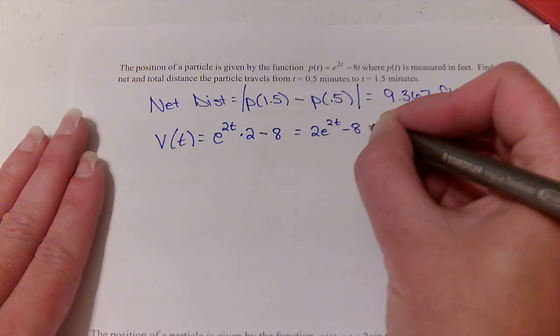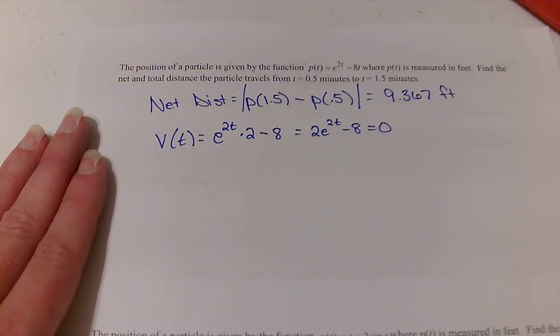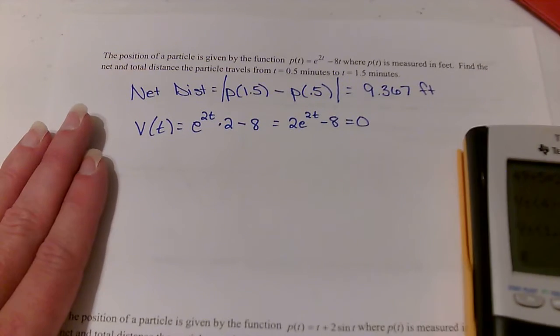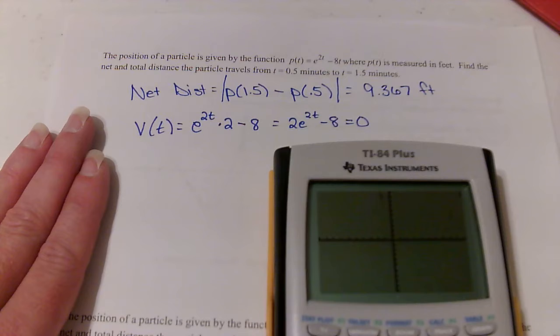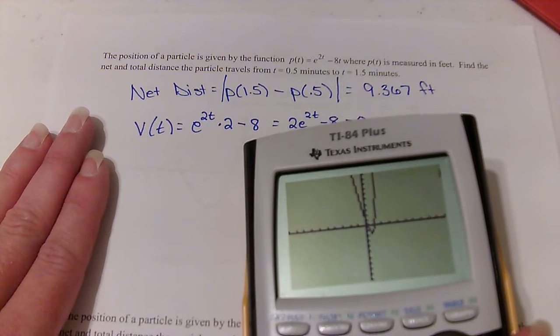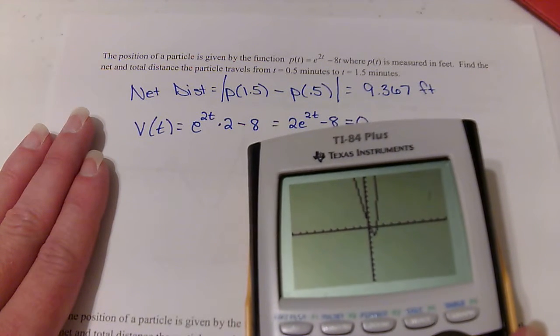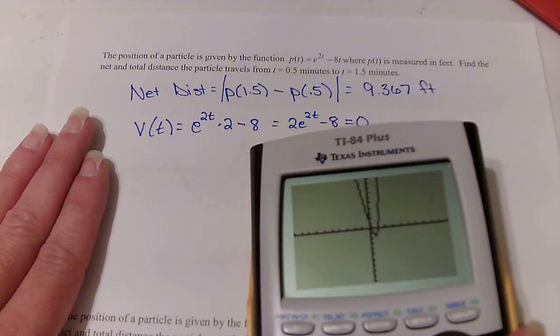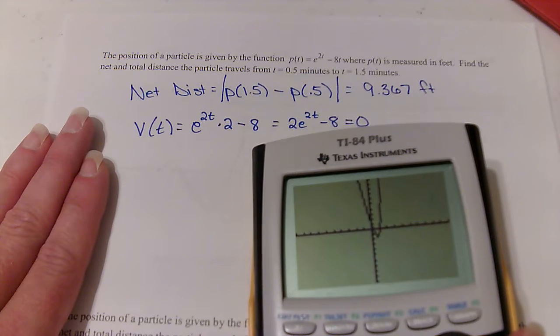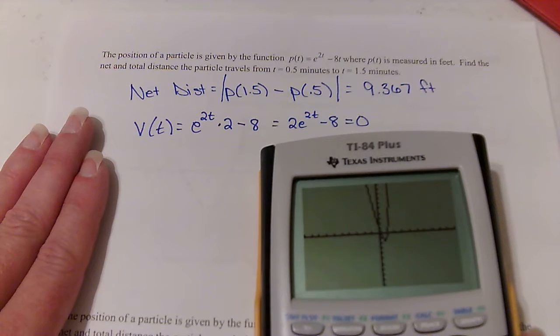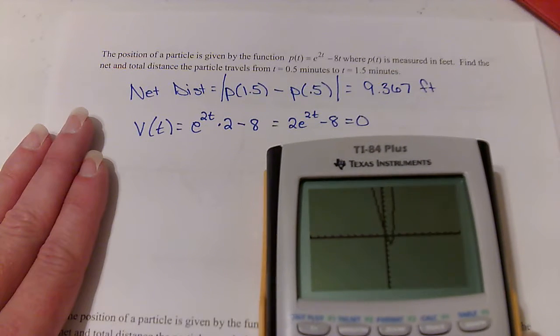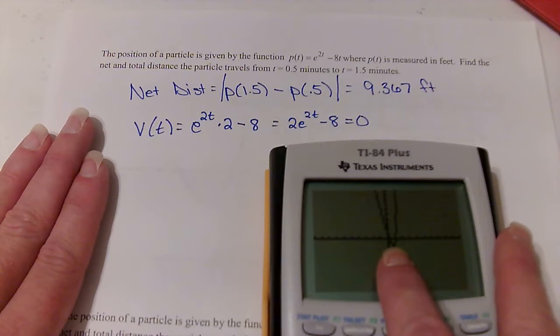And I want to know when that equals 0. Well, this isn't something I know straight off the top of my head. So I can first look at the graph of my position. I see that it changes directions. So I need to know when that position function changes directions, which is right here.